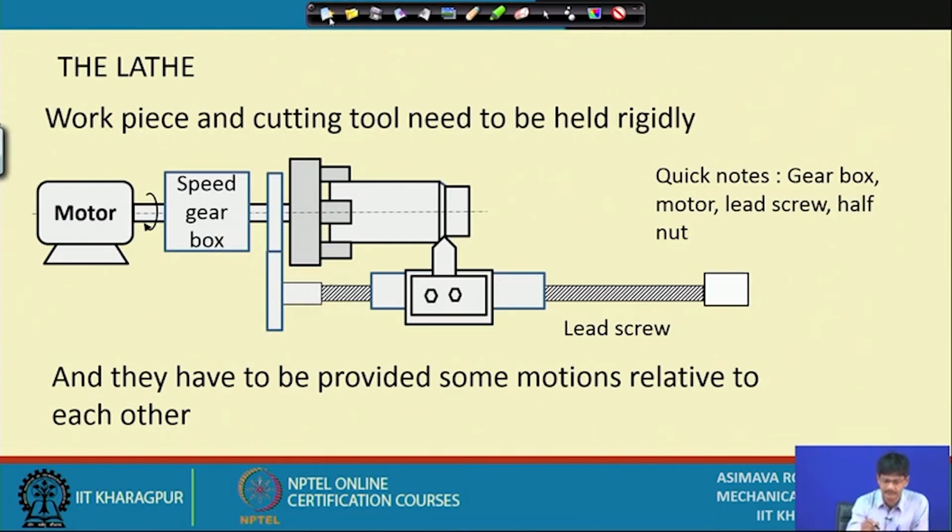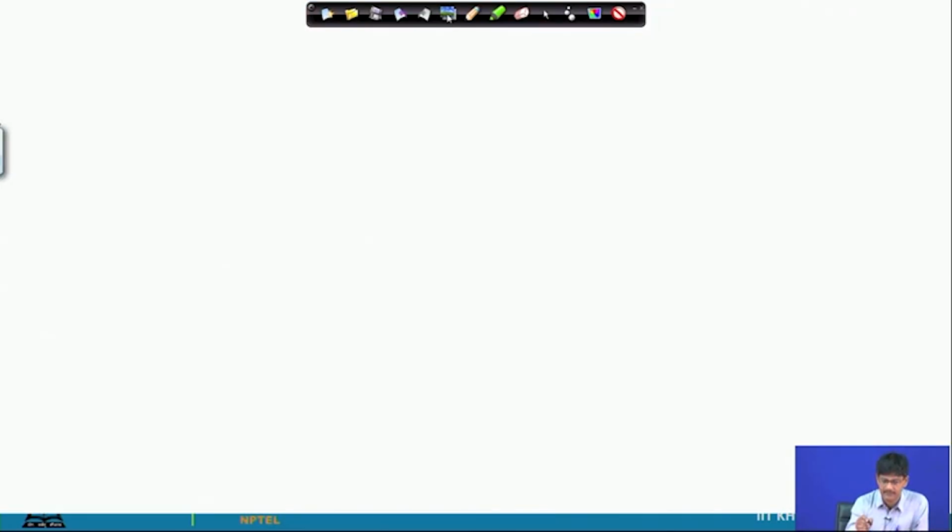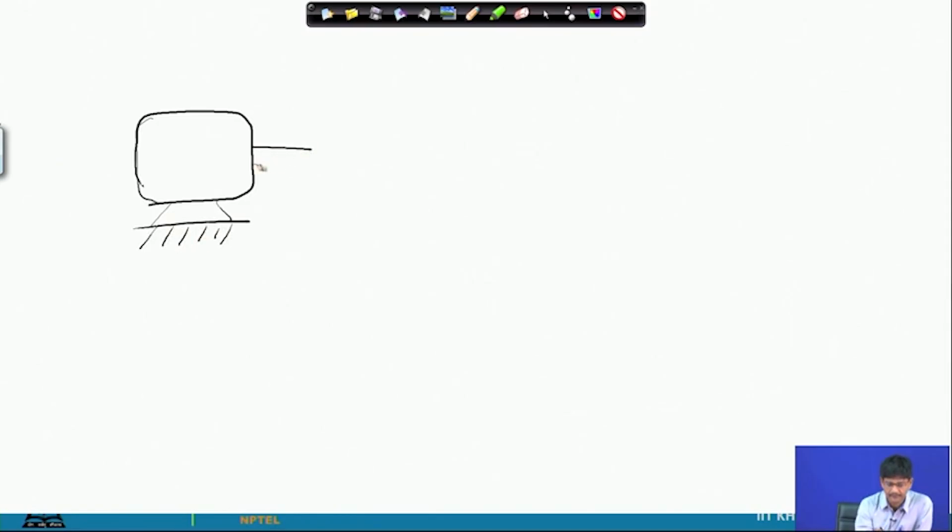So, let us first of all select a fresh page in which we start with, here we had the motor. From the motor there was the shaft and we had the gearbox, speed gearbox.